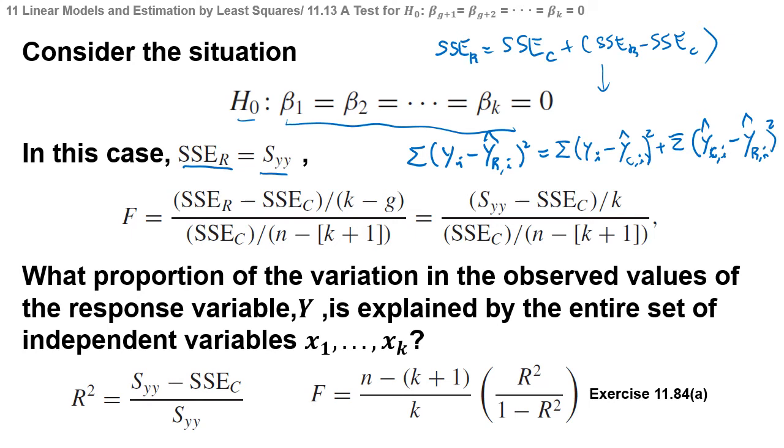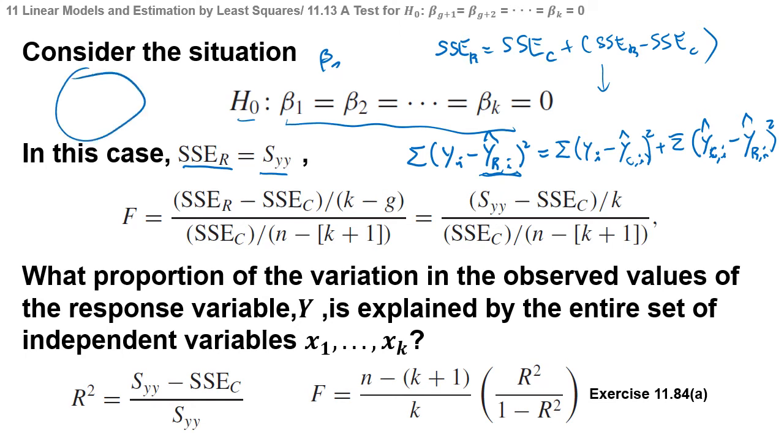And here is the projection to the reduced space. In the reduced space there is only beta 0.